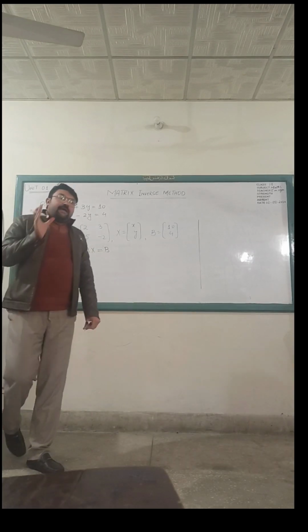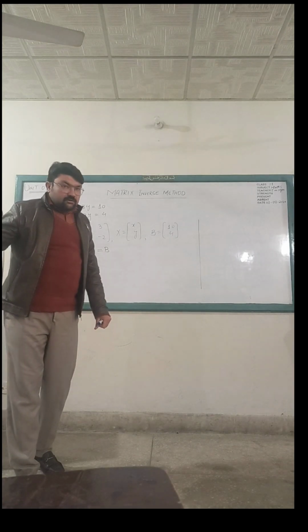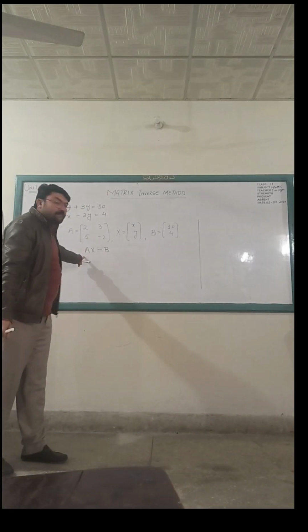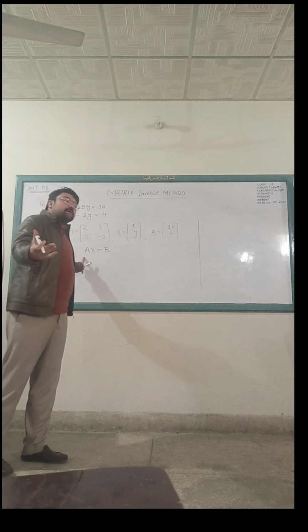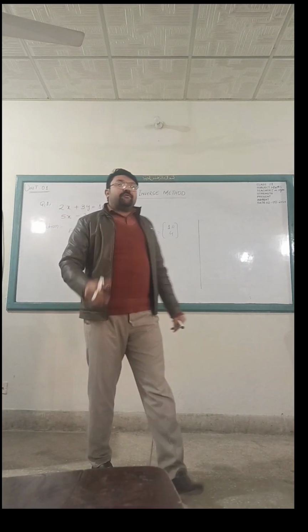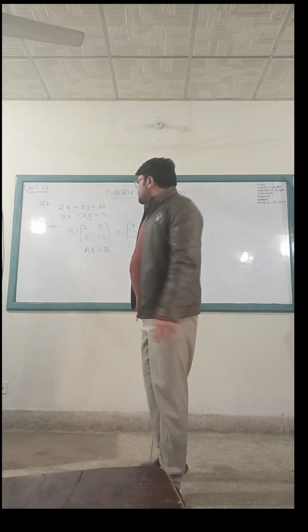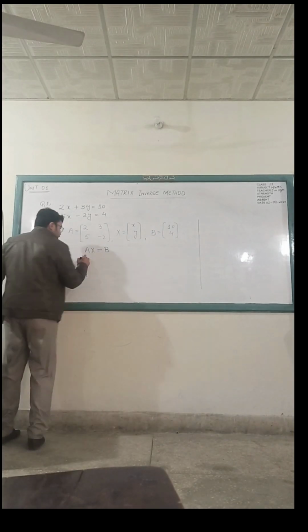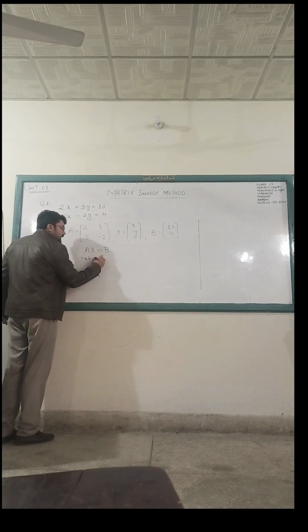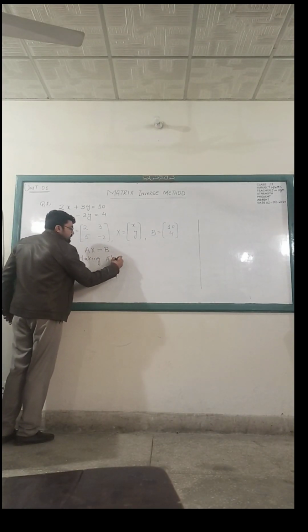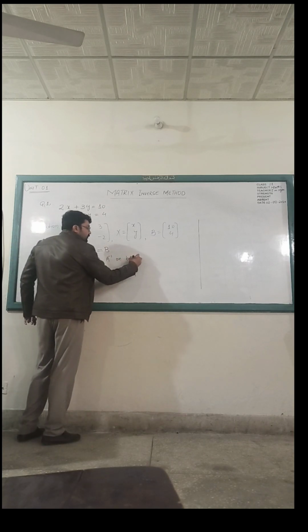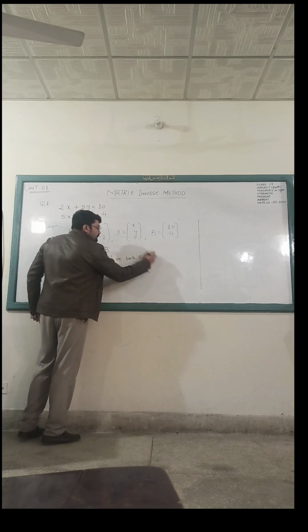Now we need X on the left hand side alone. So that is why we will shift this A from the left to the right hand side. For that purpose, we need the help of A inverse. Taking A inverse on both sides.